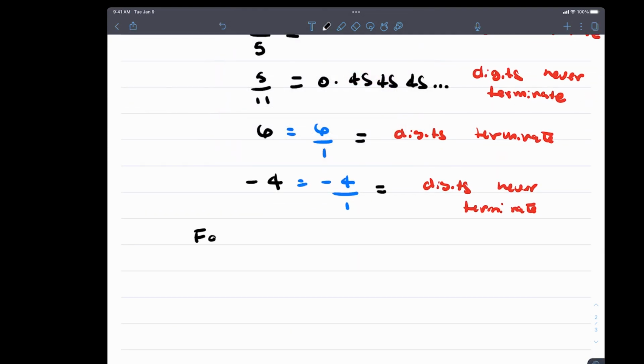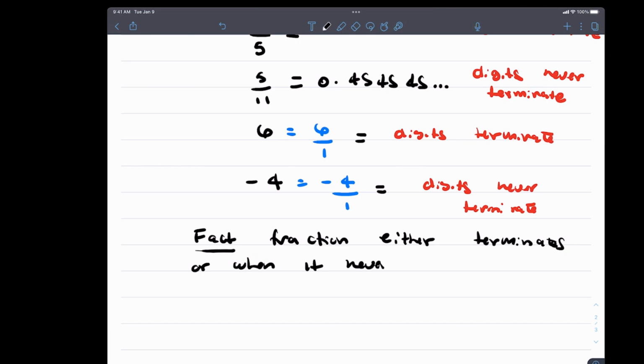A fraction either terminates when you do the division, or when it never terminates, you guys know what you're going to see? Always, when it never terminates, there will be a what? Yes, outstanding. There's a pattern to the digits.